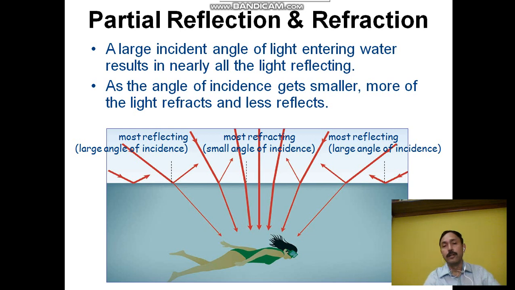But when it becomes small, narrower to the normal, then refraction will occur, with a small probability of getting reflected light. This is the diagrammatic representation, you can understand from this one.